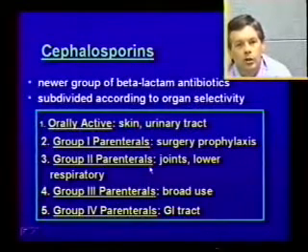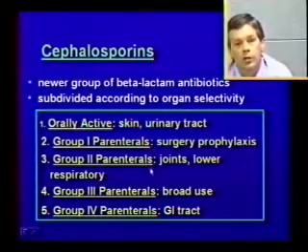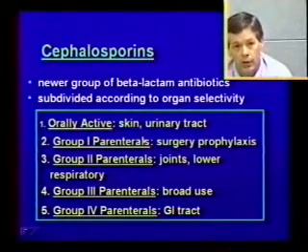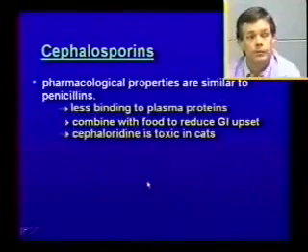These subdivisions, though, you should not by any way be misled. They all are agents that still share a common mechanism of action and generally share similar adverse effects also across these classes of the various cephalosporins.